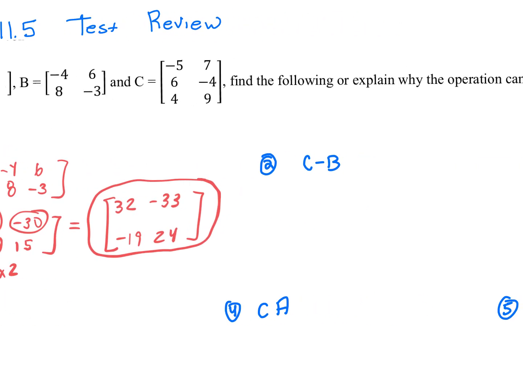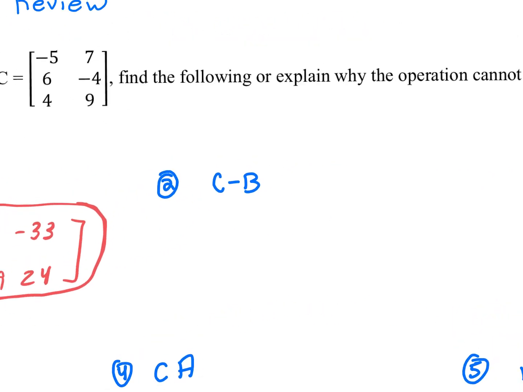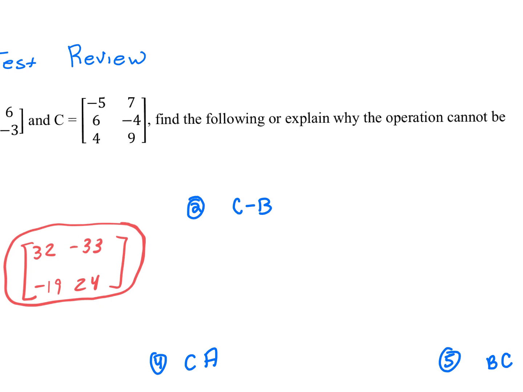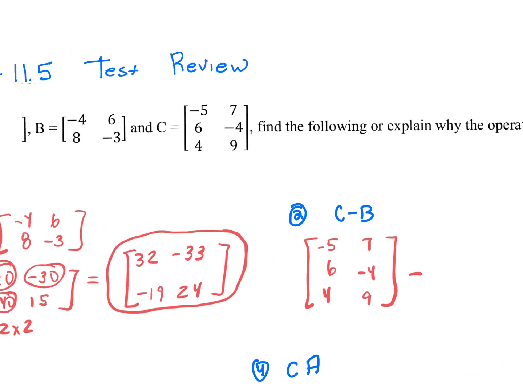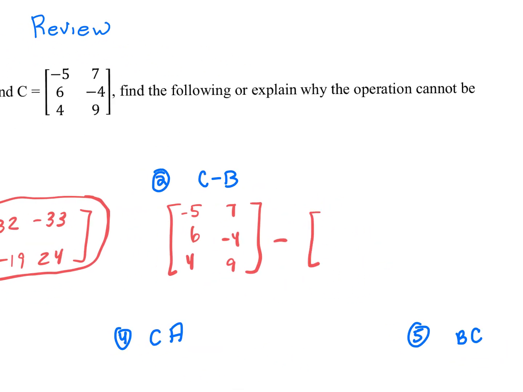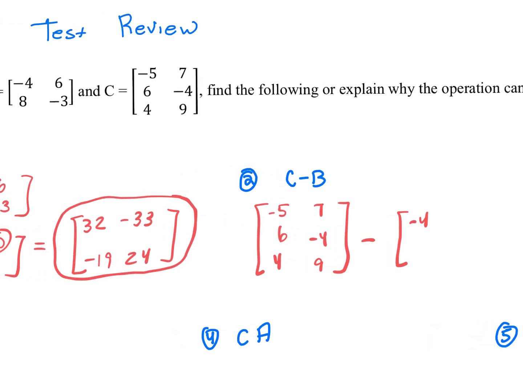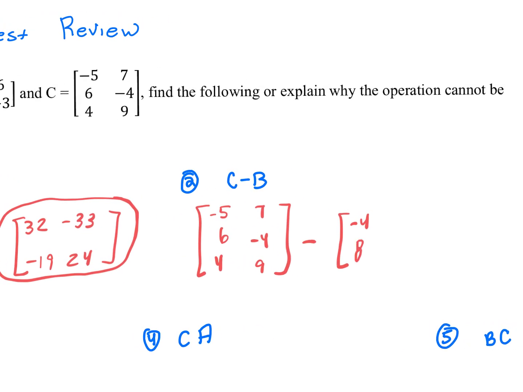Now moving on, we're going to look at number 2, and it says C minus B. So I have my C matrix, which is -5, 6, 4, 7, -4, 9, minus your B, which is -4, 8, 6, and -3. Now, we are adding or subtracting.